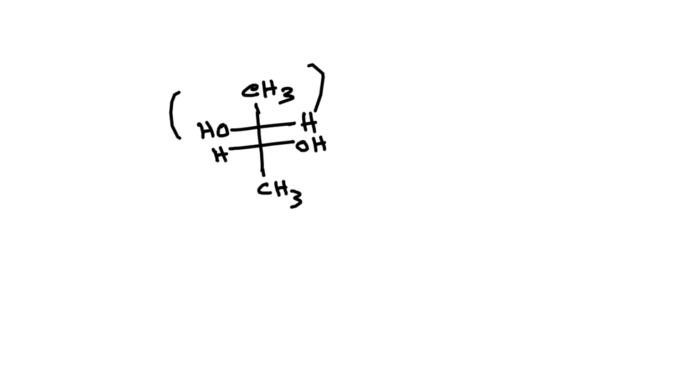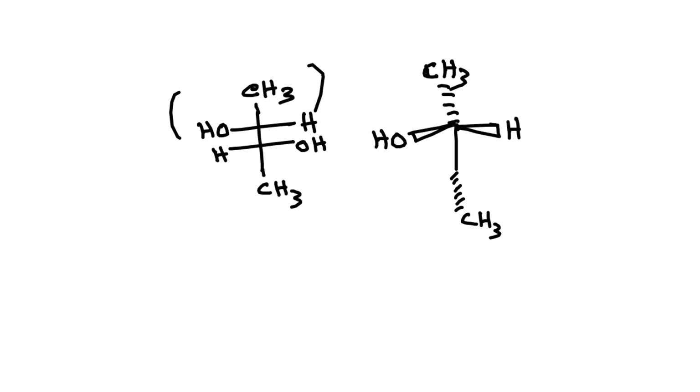The structure represents that this bond is going below this CH3, and the other CH3 is also going below, whereas this H, this OH, and this H, this OH are coming above.